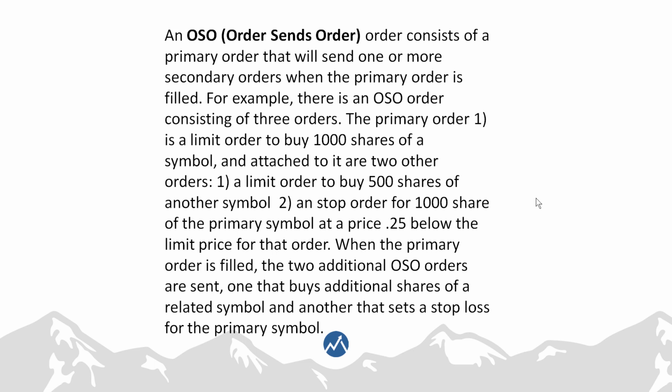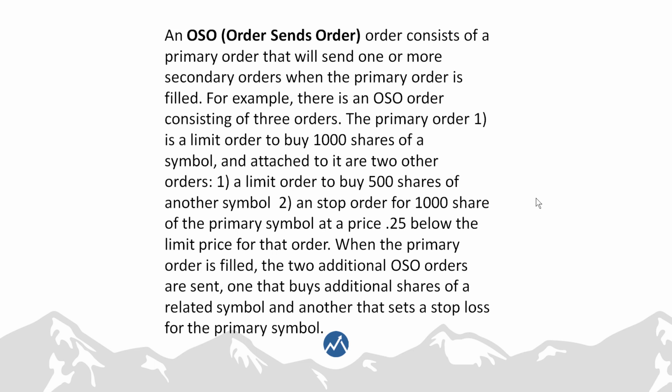So again, if you want to buy 1,000 shares of a stock for $100, and you want a stop loss to be placed at $99.75, but at the same time you want to buy 500 shares of something else, then you put in an OSO order.